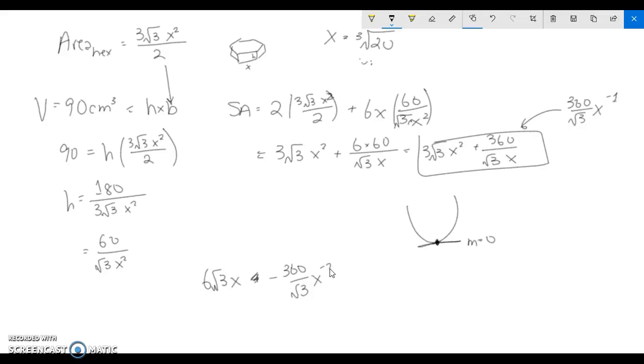Negative 1 minus 1 is negative 2. That's our derivative. So to find where the tangent is horizontal, that equals 0.